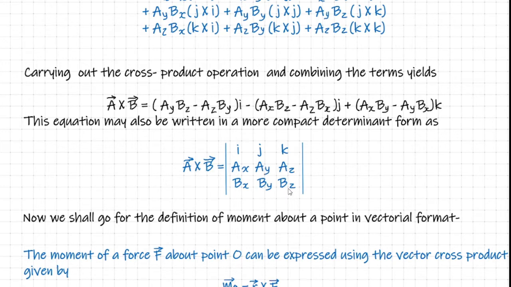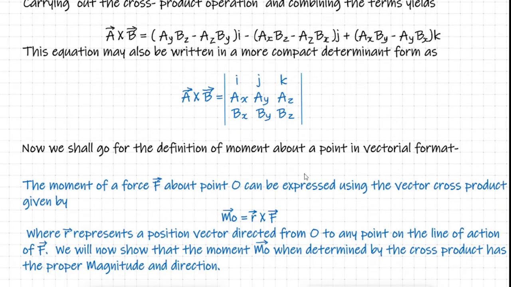And the last row will be occupied by the components of vector b, that is bx, by, bz. In this way, we will be able to carry out the cross product operation between any two vectors expressed in the Cartesian vector format. So we now have a far better understanding of the cross product operation and how to evaluate it in determinant form, and also how to carry out the cross product between the unit vectors.